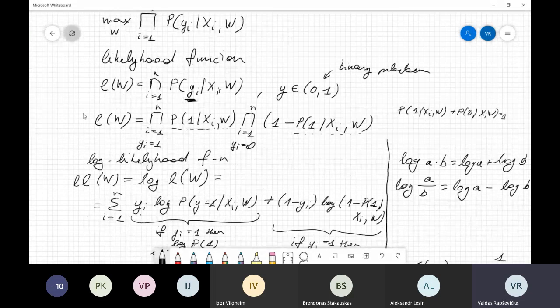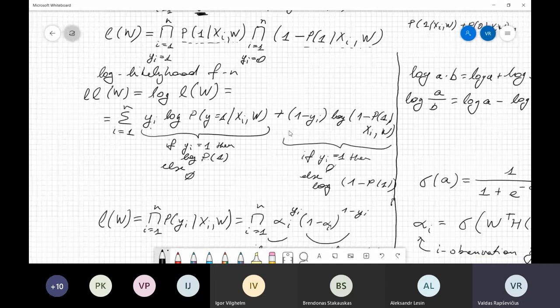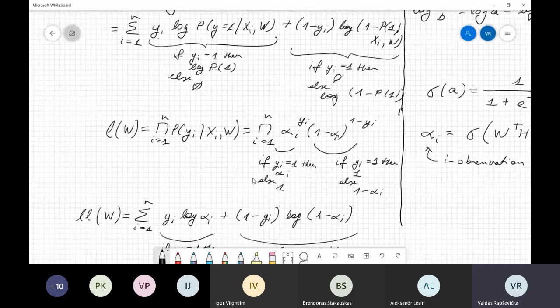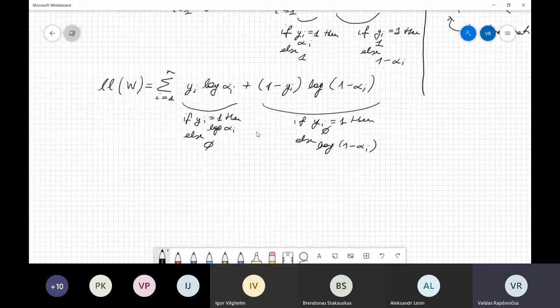So what we did was split it into the same expression for the probabilities of 1 and 1 minus 1, and apply the logarithm multiplication rule. So we now have the log likelihood function expressed in a good way, so we can work with it and find the gradient.